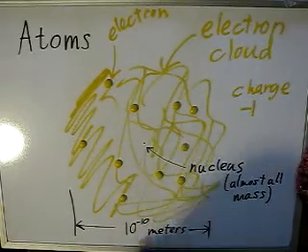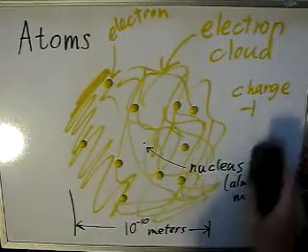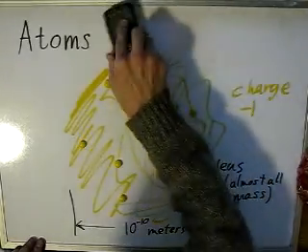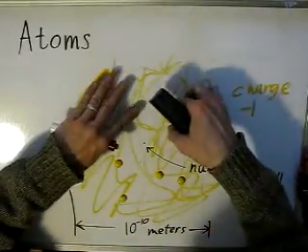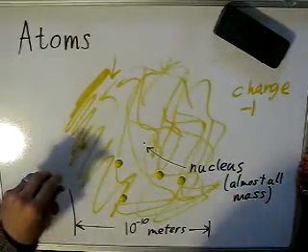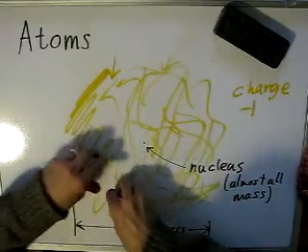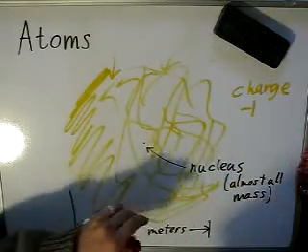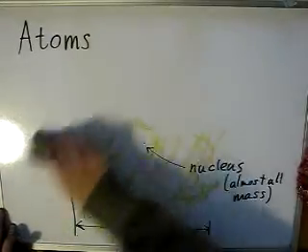Okay, so let's zoom in on the nucleus there. So we'll just zoom in one more time and see what we might see. I'm going to make these electrons go away. And let's see what we get.